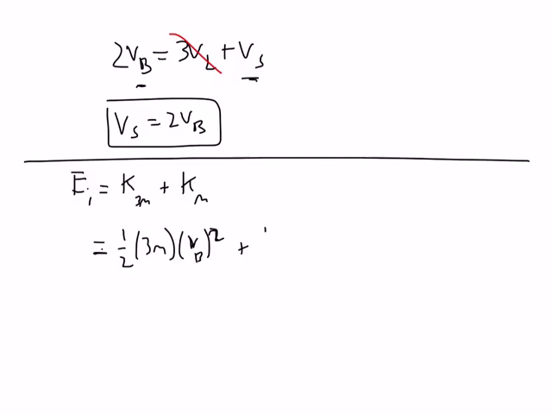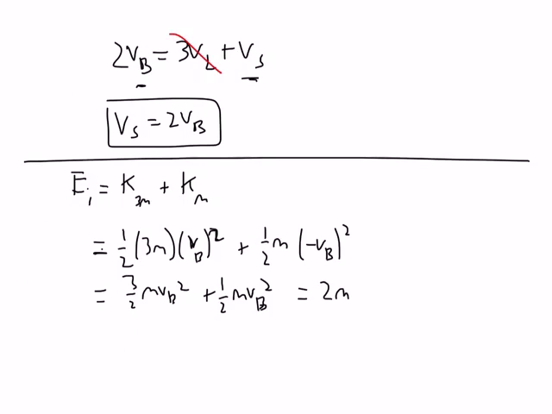And the other one, 1/2 times just m, negative VB squared. Notice I put that in parentheses. So we get 3/2 mVB squared plus 1/2 mVB squared, right? The negative squared goes away, and so that is just 2 mVB squared, right? That's our initial energy.